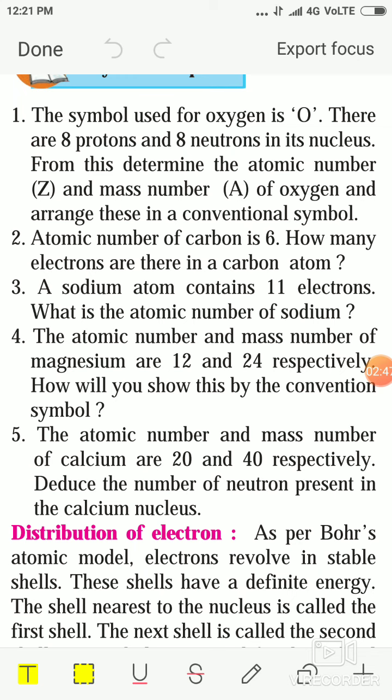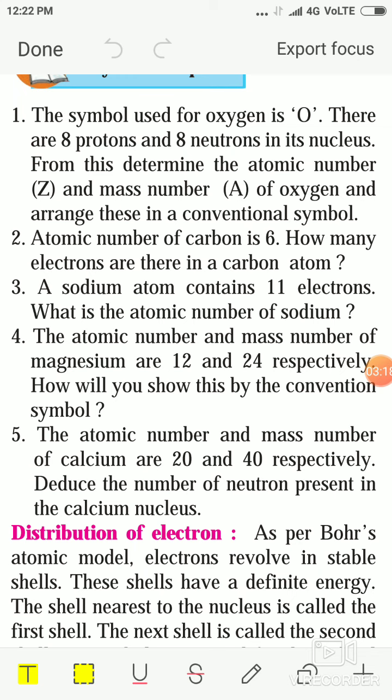The atomic number of sodium is 11. The atomic number of magnesium is 12. The atomic number and mass number of calcium are 20 and 40. The atomic number should be at the base and 40, that means the atomic mass number, should be on top. So this is the symbolic expression of atomic number and atomic mass number.